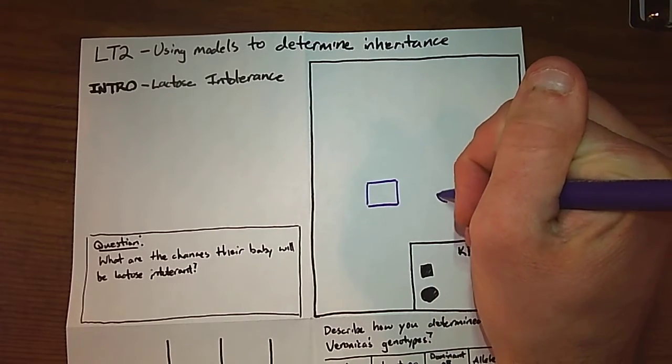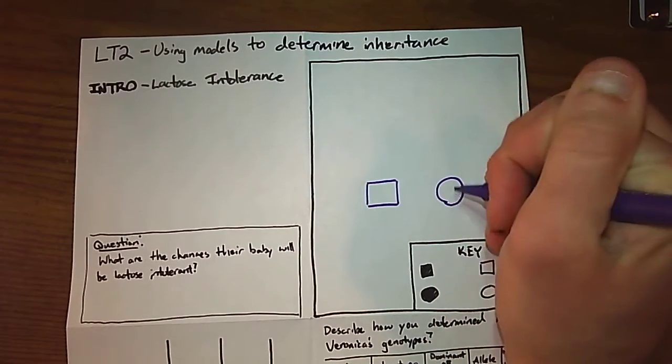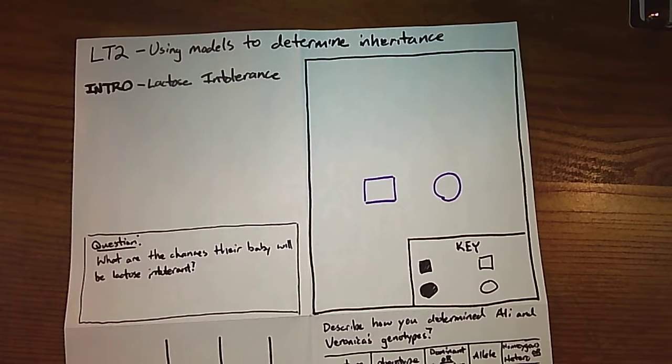And Veronica. All right. Ali and his parents are all lactose intolerant. Veronica's brother Angel and her father Jose are not lactose intolerant, but their mother Elizabeth is. One thing it doesn't tell you in the problem, and hopefully I told you in class, is that Veronica also is not lactose intolerant.